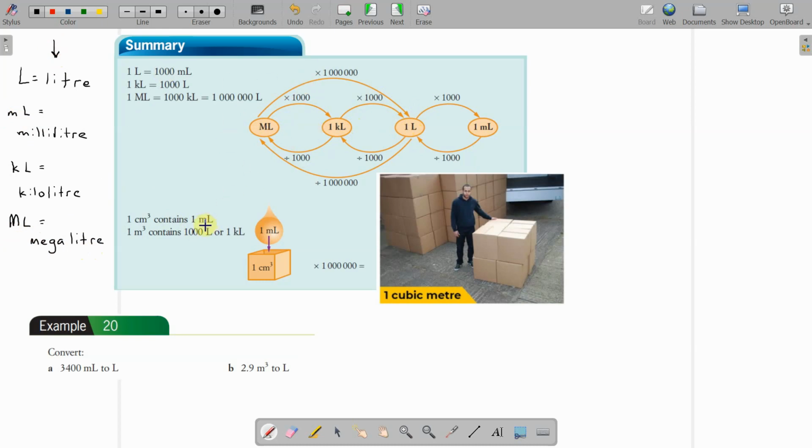One of the questions in this part is converting. Remember that when you're converting from a larger unit to a smaller one, you multiply.